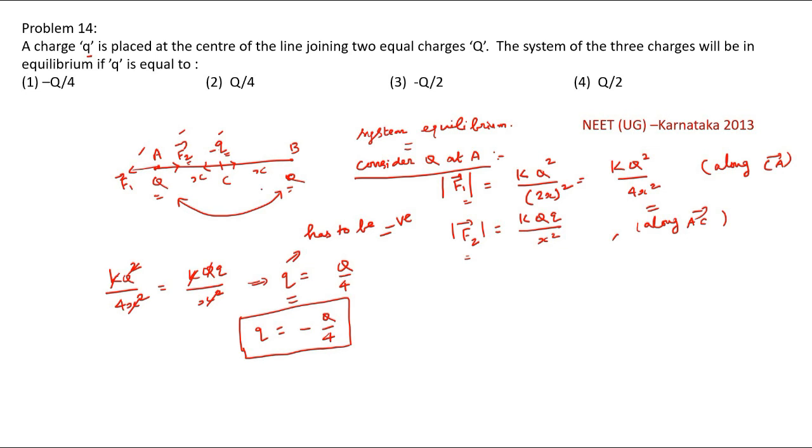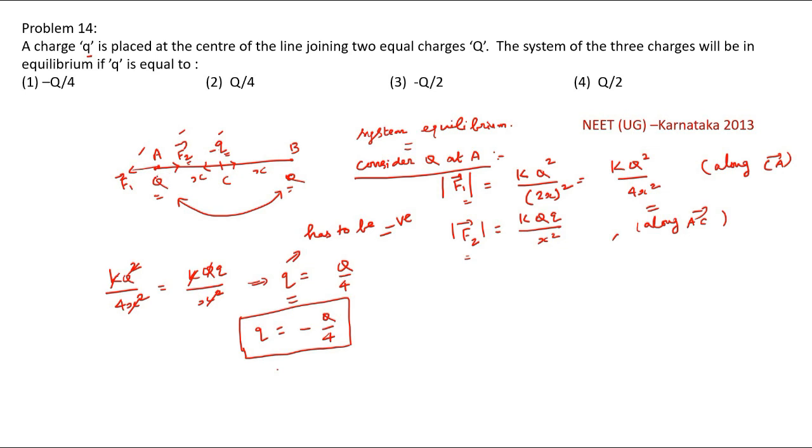So the force on the charge at A, that is capital Q, due to the charge at B is F1 and it is acting left. The force on the charge at A due to the charge at C should act towards the right for this capital Q to be in equilibrium. Proceeding on those lines, we got this. What about the other charge? I already told you, the same argument you can apply for this.